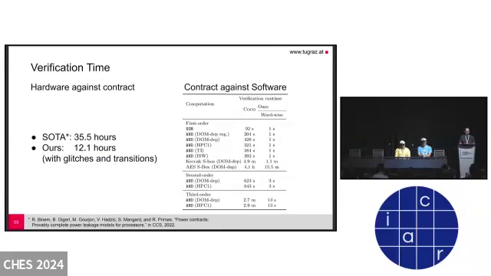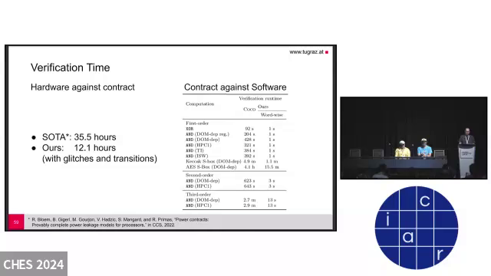In terms of verification time, we implemented a contract for the IBEX processor and performed hardware and software verification. Verifying the hardware against the contract, compared to the previous iteration of power contracts, which took 35.5 hours, ours just took 12.1 hours, even though our model includes glitches and transitions.